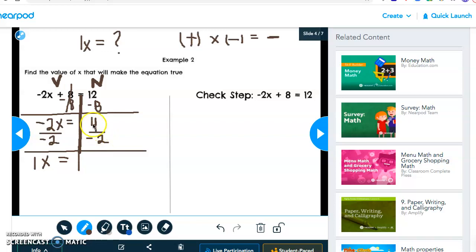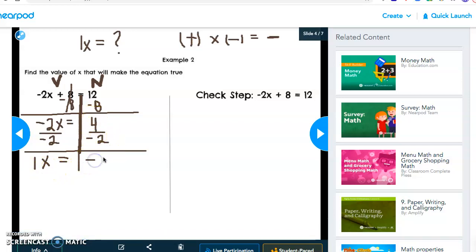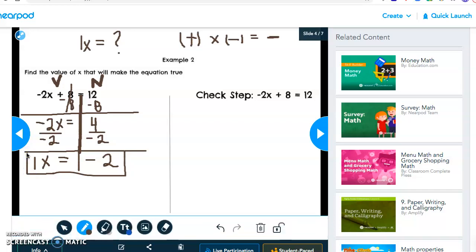Same thing with division. If they're different signs, it'll always be negative. If they're the same signs, it'll always be positive. So do you see how these are the same signs? So that gave me a positive 1. This is different signs, so I get a negative 2 as my answer. 4 divided by 2 is 2. 4 divided by negative 2 would be negative 2.